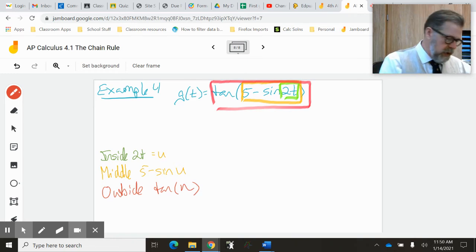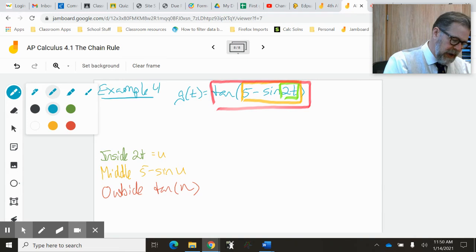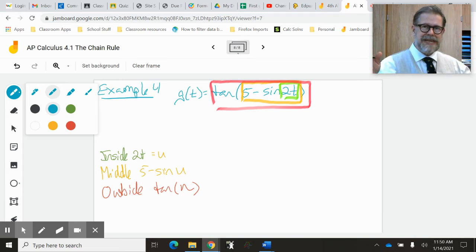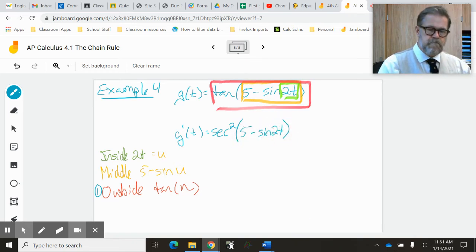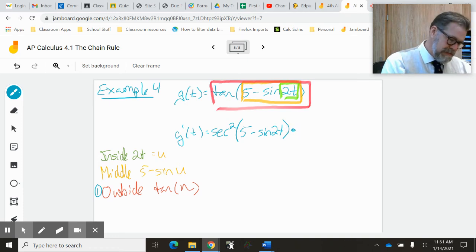So what I do here to take the derivative is I just start at the outside and I work my way in, multiplying them all together. So I'm going to take the derivative of tangent. Number one, well, the derivative of tangent is secant squared. And then I'm going to leave all that stuff alone. Times, number two, derivative of the middle.